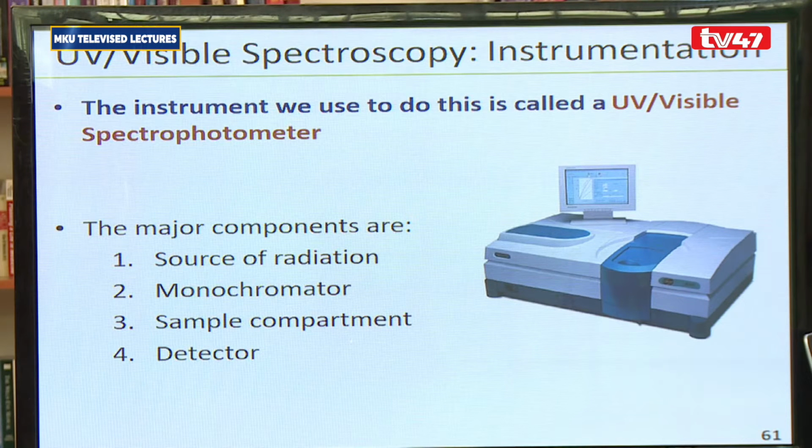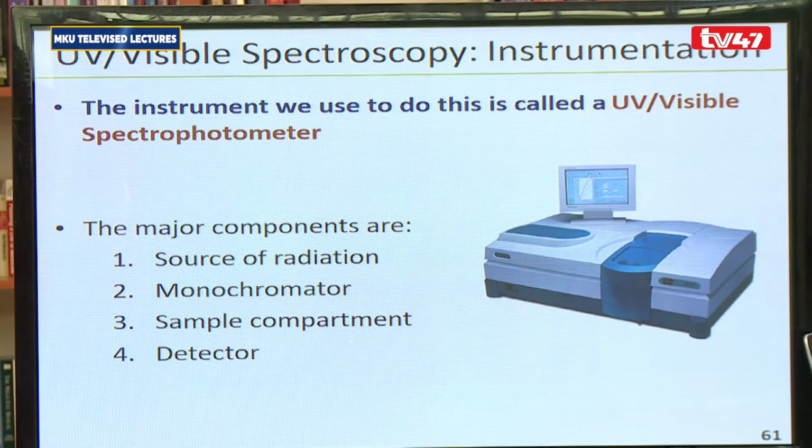Instrumentation. For us to be able to use electromagnetic radiation in quantitative analysis, of course, we need a spectrophotometer. Now, the spectrophotometer is a laboratory equipment that has 4 major components. We have the source of radiation that will be fitted in this compartment. We have the monochromator, again here.